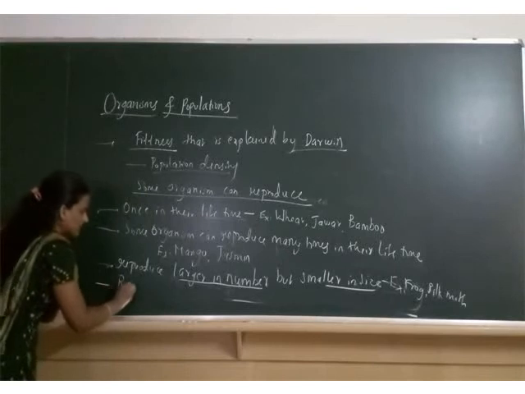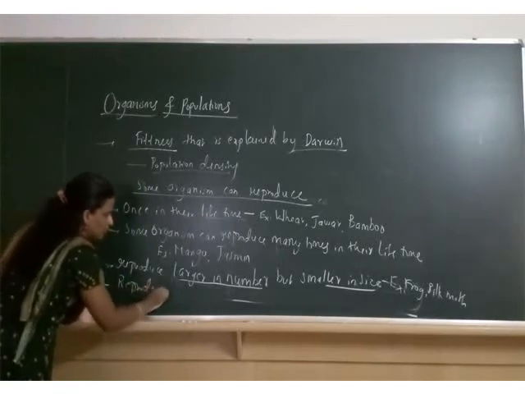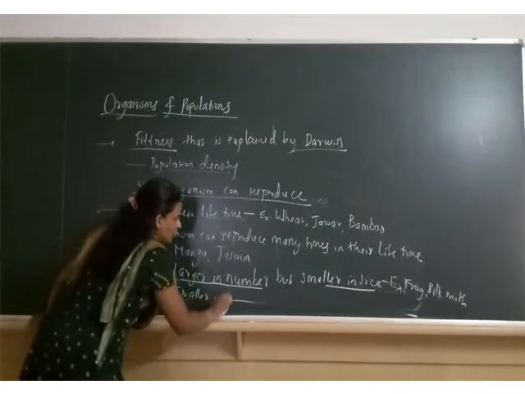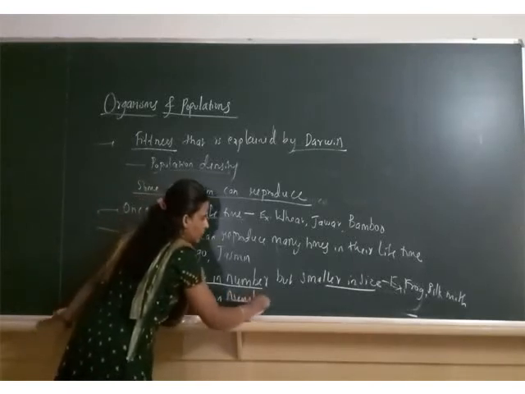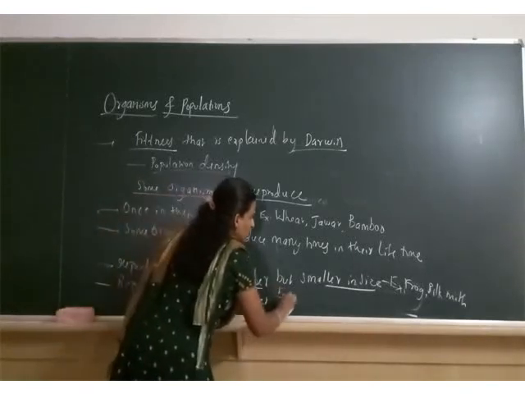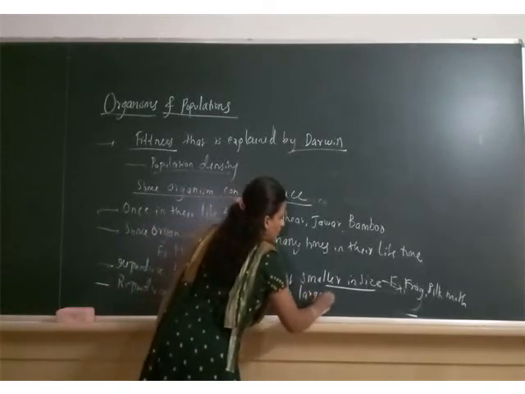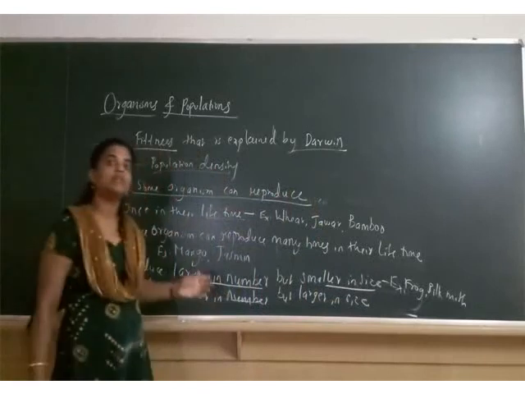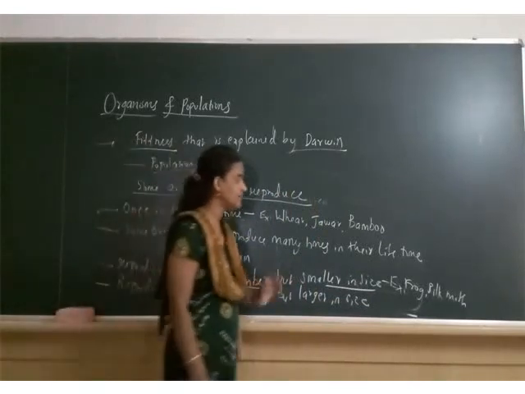And some organisms can reproduce smaller in number but larger in size. Their number is small, but their size is large.